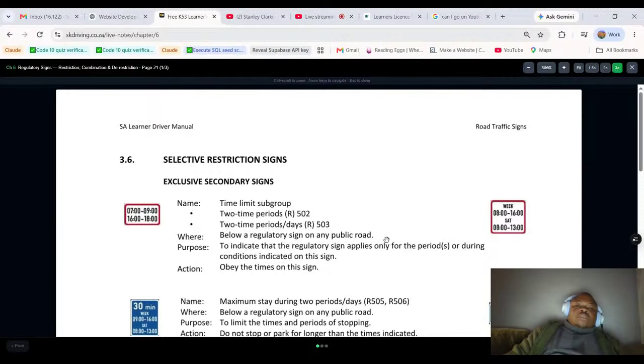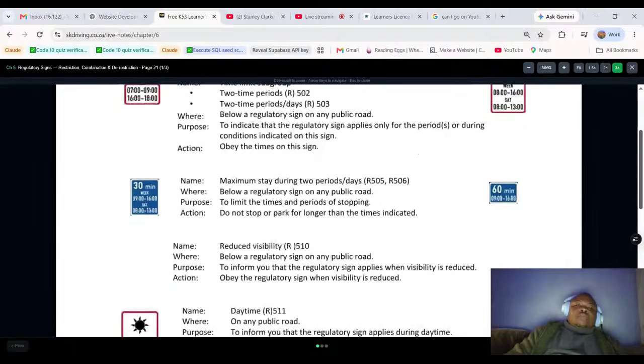A regulatory sign would be, let's say, a sign for a vehicle carrying hazardous product. The purpose of these time limit signs is to indicate that the regulatory sign applies for a certain period or during conditions indicated on this sign. And obviously, you should obey this sign once it's on display.